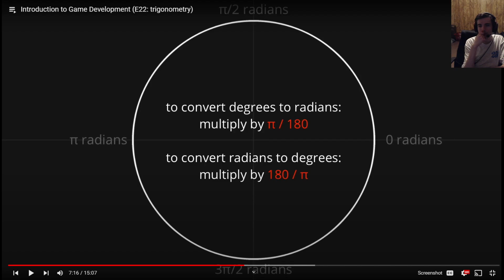Can I get it to 2 decimal places? Pi divided by 18 would already be 0.5.